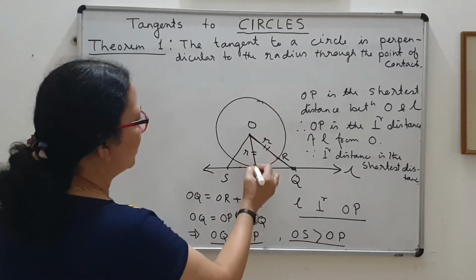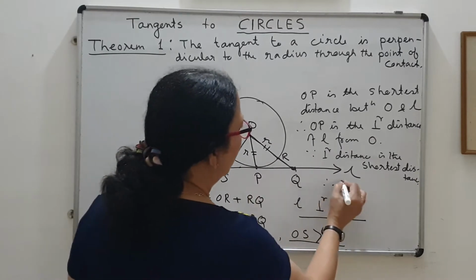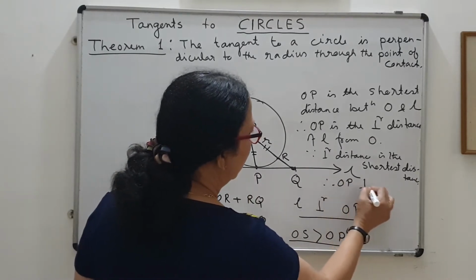That means what? OP has to be perpendicular to L. Therefore, OP is perpendicular to the line L.